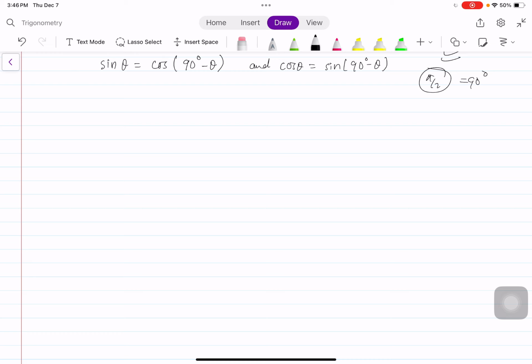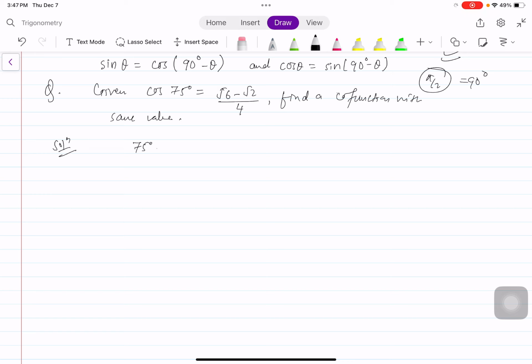Let's do a problem related to this. Given cosine 75 degrees equals square root 6 minus 2 over 4. This is given, we don't need to find this. Find a co-function with the same value. To solve this, we will have to find 75 plus some angle theta equals 90.